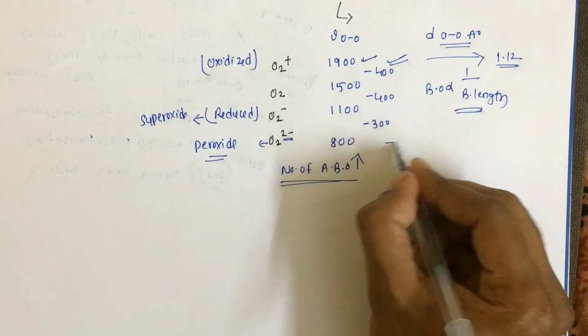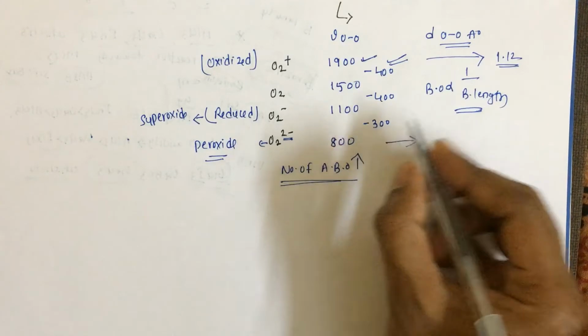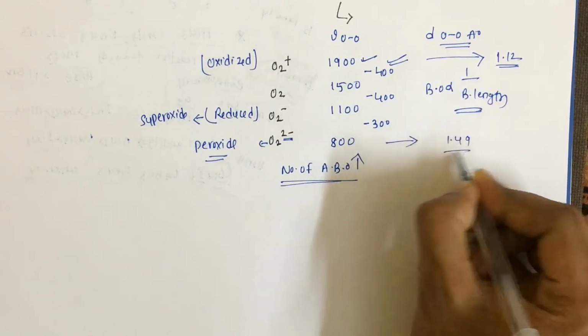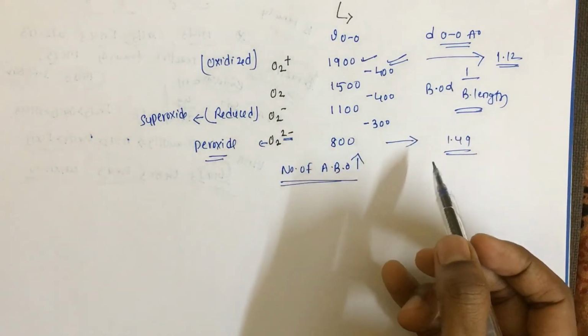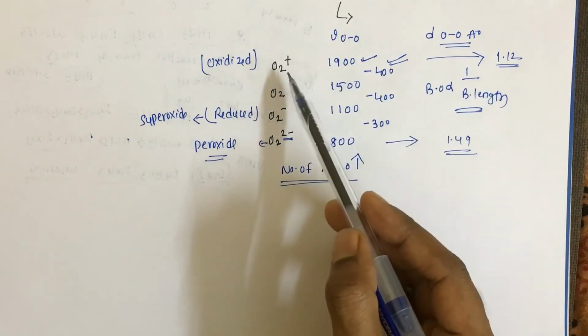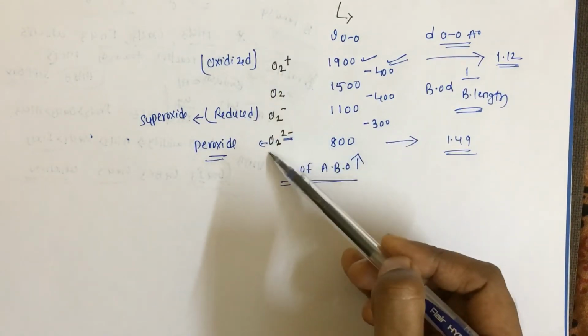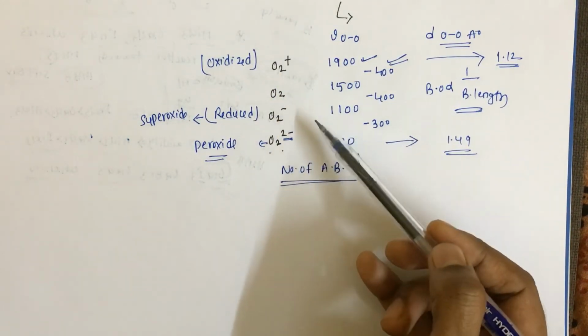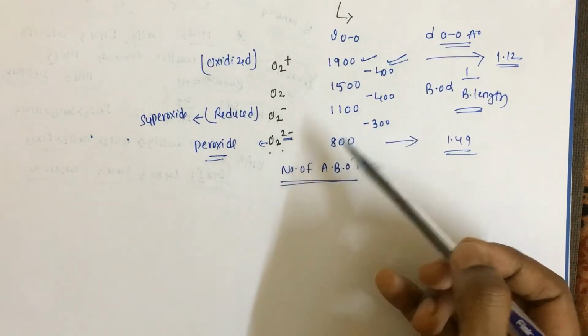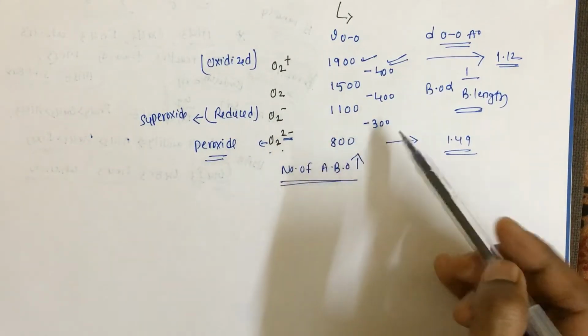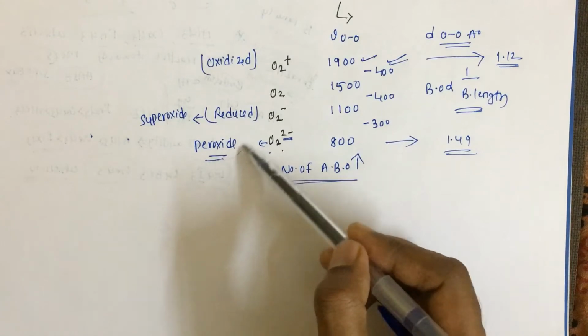Here, less bond order, that's why more bond length. They may ask from the examination point of view, by giving the oxidized form as well as the peroxide form, which one will have more oxygen distance. So more oxygen distance will be there in the peroxide form.